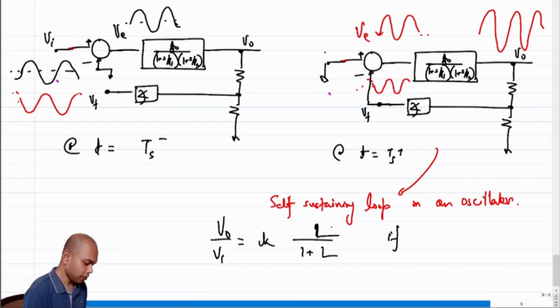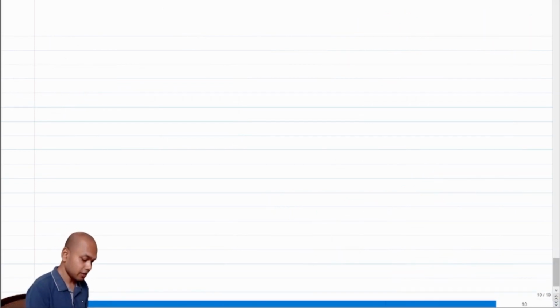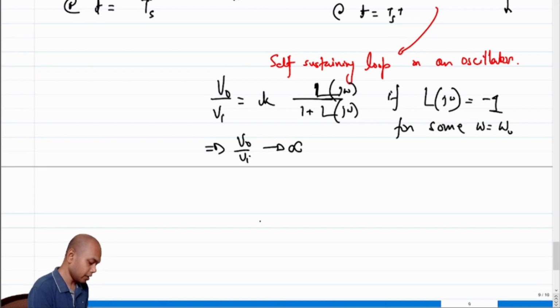In this case, L is a function of frequency. If L of j omega is equal to minus 1 for some omega equal to omega naught, right, then what do we see? We see that V naught over Vi goes to infinity, right? So this means that V naught over Vi tends to infinity, which means we have infinite loop gain.